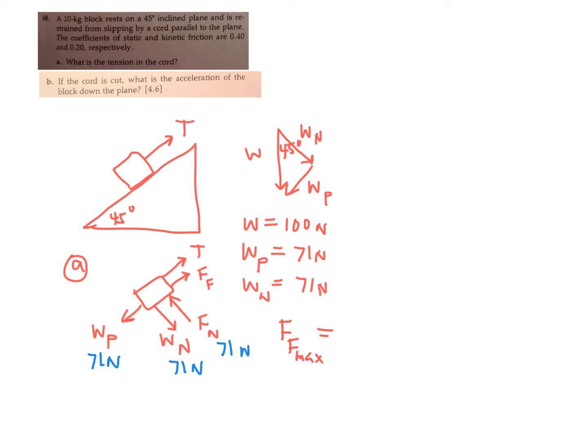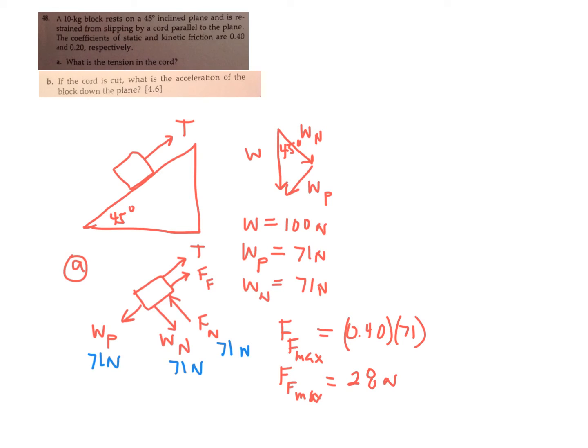Does it tell us mu, static friction? Yeah, 0.4 times the normal force, which is 71 newtons. So our maximum frictional force that can keep this block from sliding down the ramp, and so just say max, the maximum is 28 newtons. So that's the best friction can do.